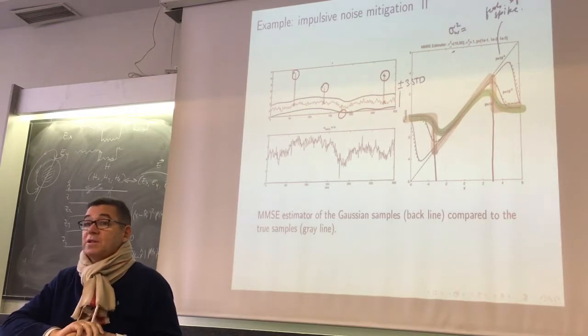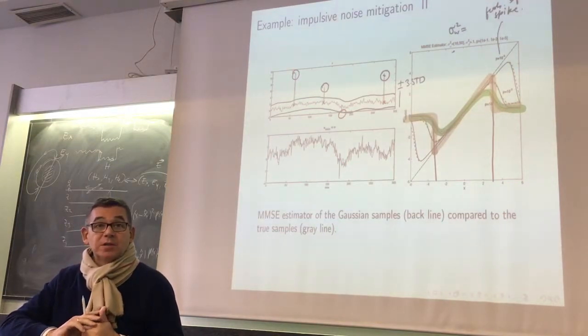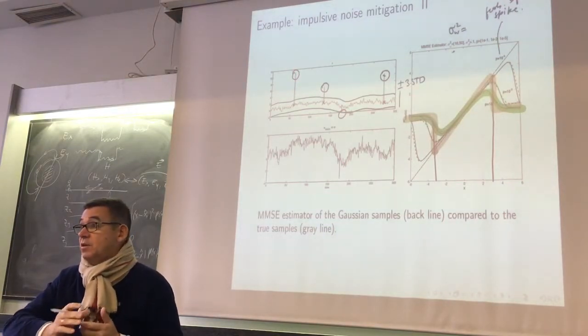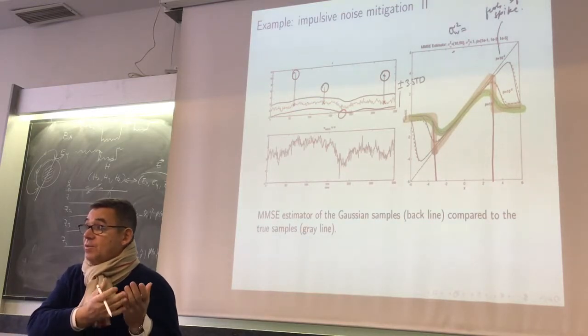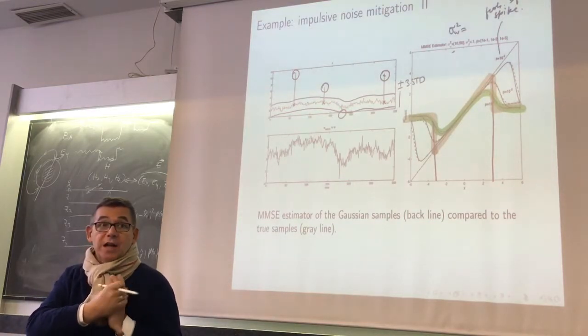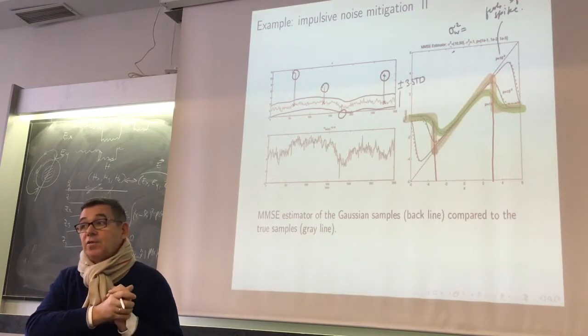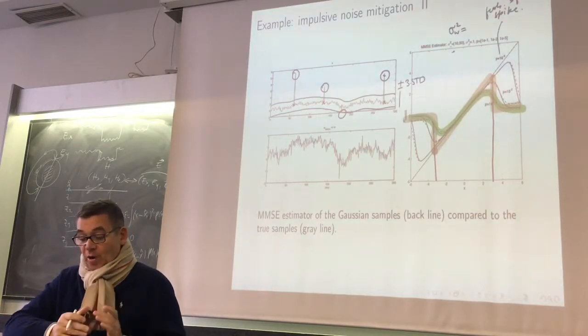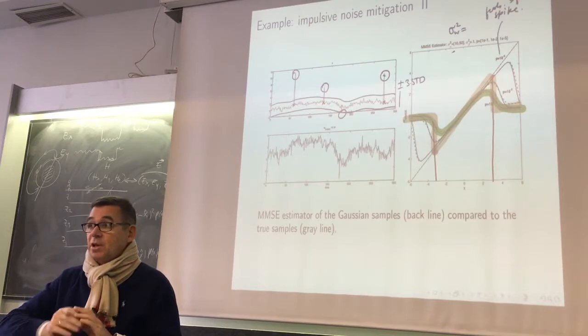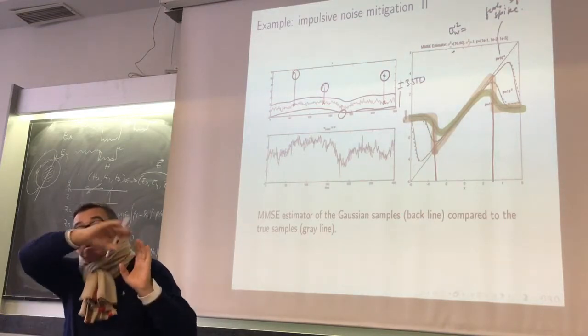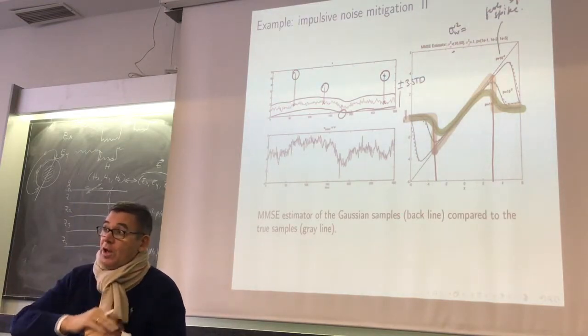If you remember, we discussed robust estimation. In robust estimation, you have the data, and from the data you try to remove the outliers. Otherwise, you can use the MMSE estimation, and in a smoothed way you remove the outliers.